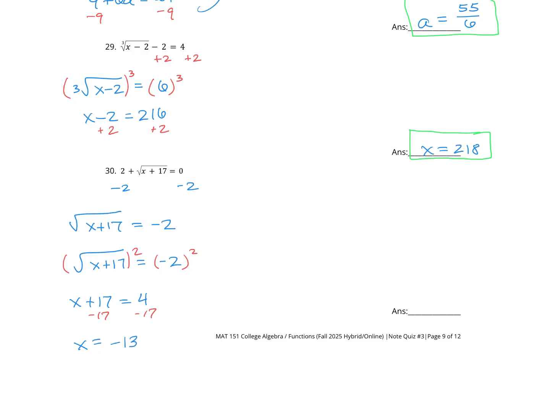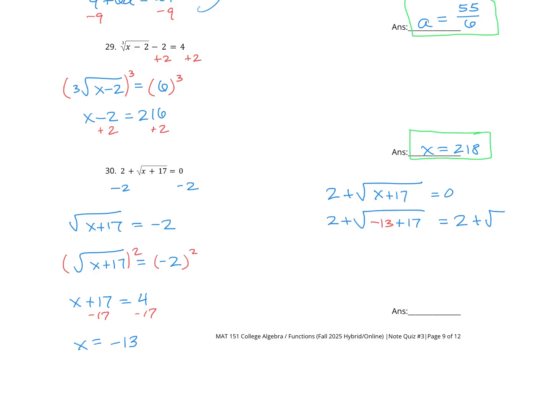And if you go back to the equation and substitute it in, that original equation was 2 plus the square root of x plus 17 equals 0. So if we take our solution and substitute it in, you will notice something kind of interesting. We still have a 2 plus in front of the equation, but negative 13 plus 17 is 4.